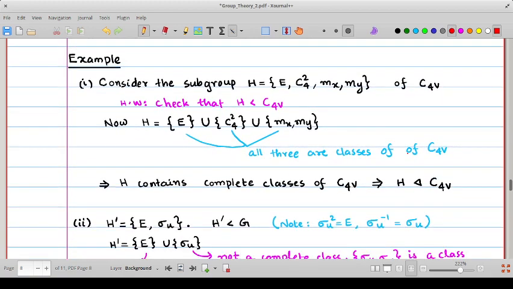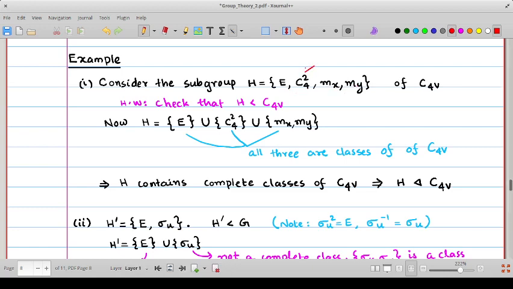And we now consider some examples of normal subgroups. Consider the subgroup we discussed earlier of the symmetric group of the square, C4V. H equal to the set of elements E, C4 square, Mx and My.